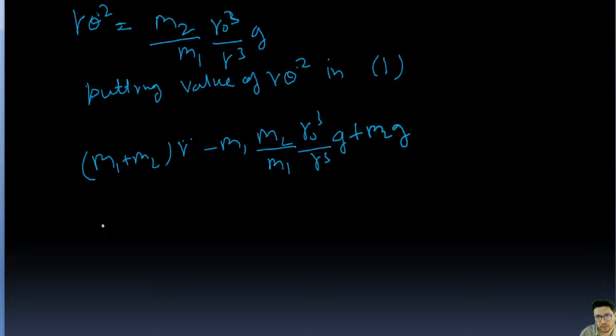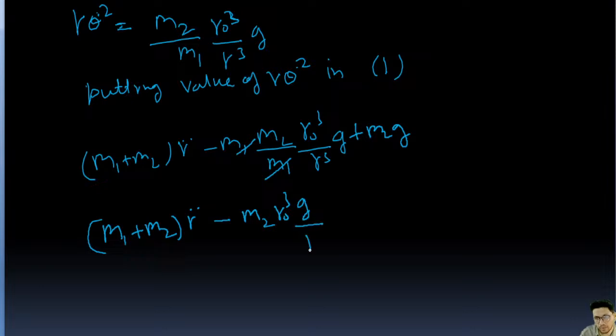So this equation is going to be m1 plus m2 r double dot, m1 will get cancelled, so this is going to be minus m2 r naught cube g upon r cube plus m2g.